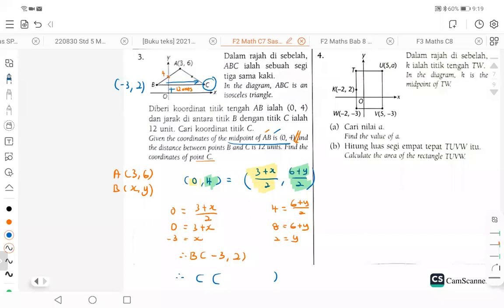Same height, and it's 12 units away from point B. The x coordinate is incorrect.